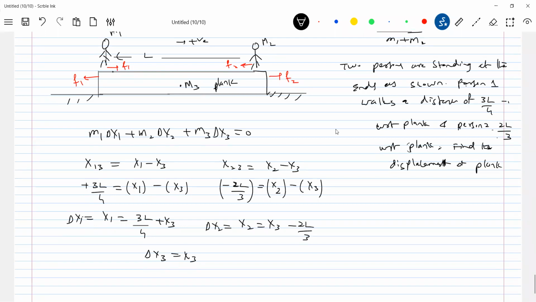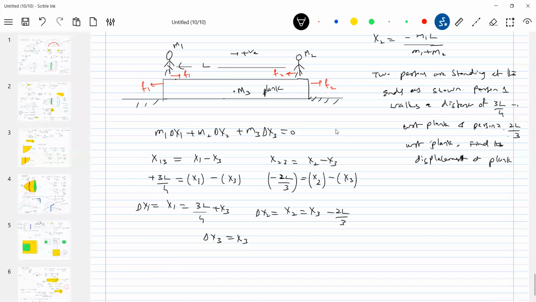This is the approach which you have to develop for the exam, because time will be very less. You can't draw all the diagrams. So this should be M1 times delta x1, 3L by 4 plus x3. M2, this should be x3 minus 2L by 3.